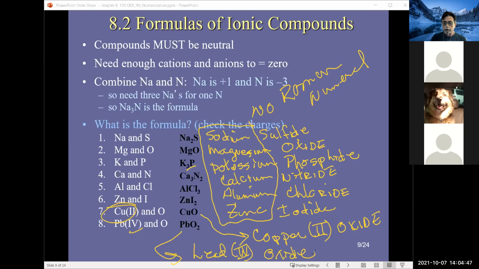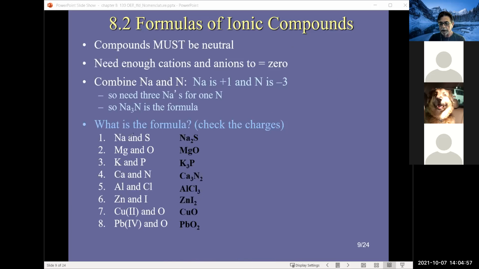Okay. Now here we simply did what we're given here, but you know what? You can start mixing and matching. You can combine the sodium with the oxide, sodium with the phosphide, sodium with the nitride, sodium with the chloride, sodium with the iodide, and obviously already the oxide.